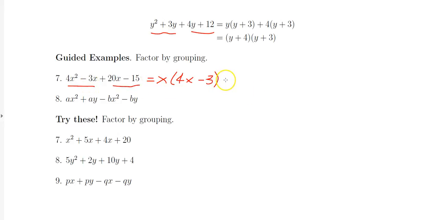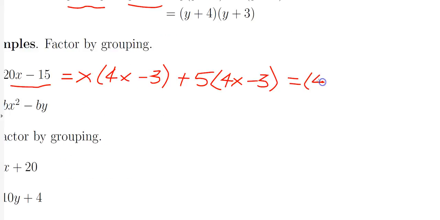And then I see that 5 is a common factor from the second two terms. So I can multiply that by 4x minus 3. And a lot of times in these problems, these binomial factors will show up as a common factor. So 4x minus 3 is a common factor, and that's multiplied by x plus 5.